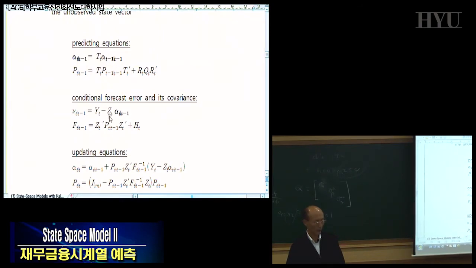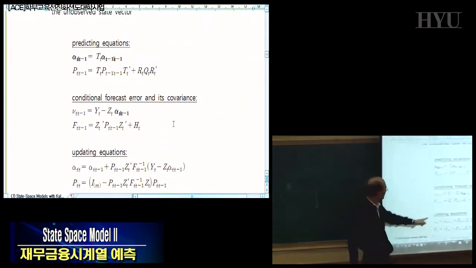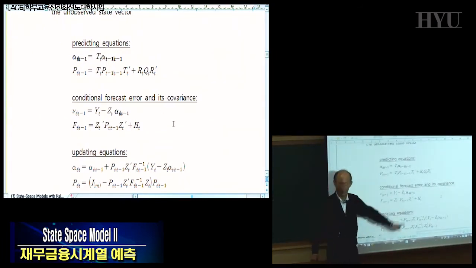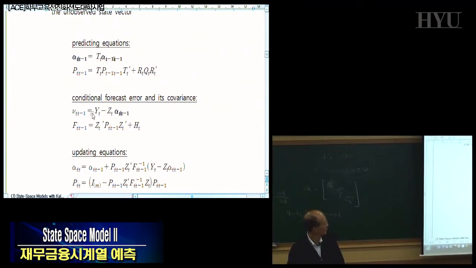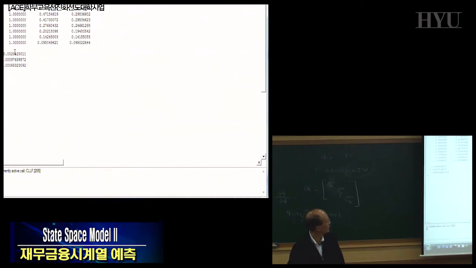So if you multiply this by that, and that's your prediction. Z by that, right? So this one was 12 by 1, 12 by 3, 3 by 1. So you can multiply it. So these are my initial guess.